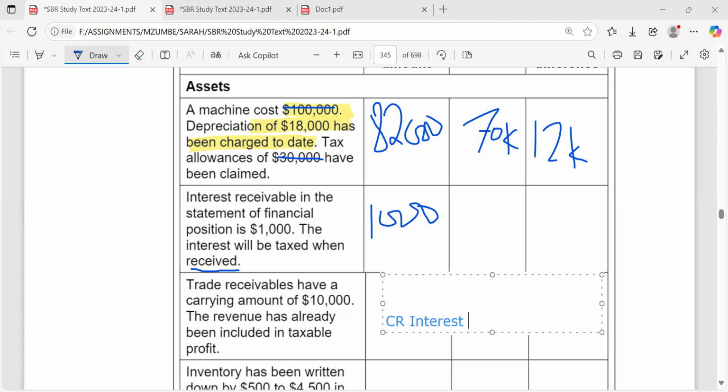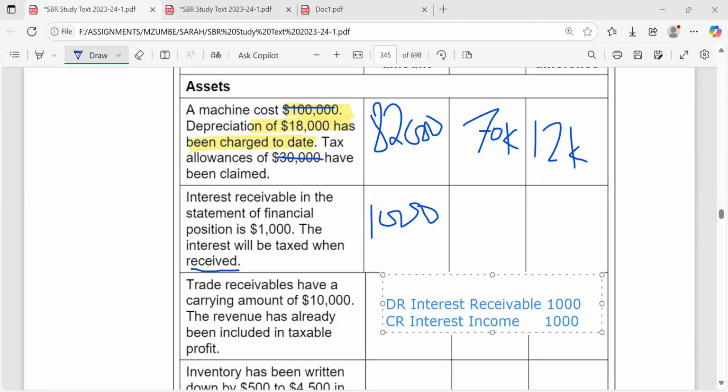So I would have said credit interest income by 1,000, right? Since we use accrual basis. And so we should have also debited the asset. We should have said, okay, debit interest receivable, also 1,000, right? Yes, this way. It's just as simple as that, right?